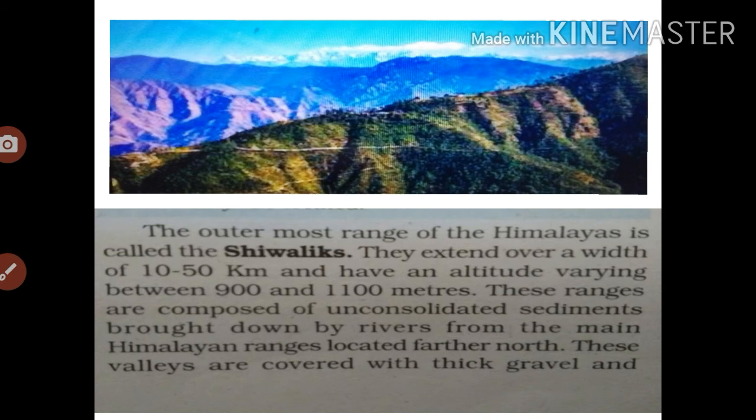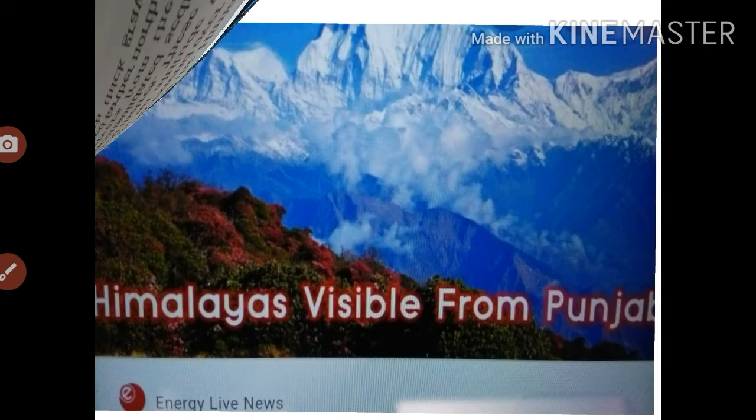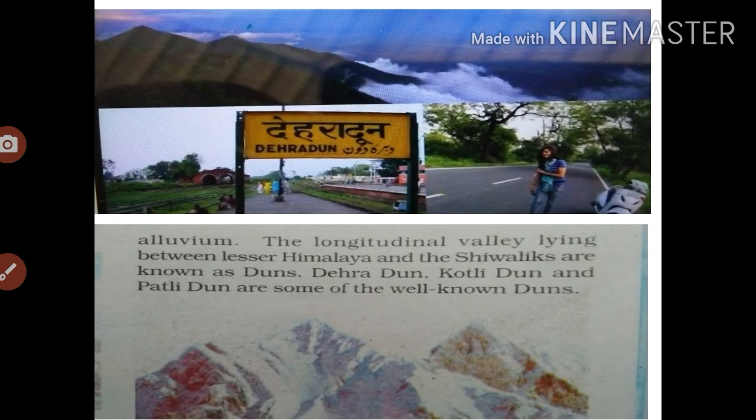The longitudinal valleys lying between the Lesser Himalaya and the Shivaliks are known as duns.